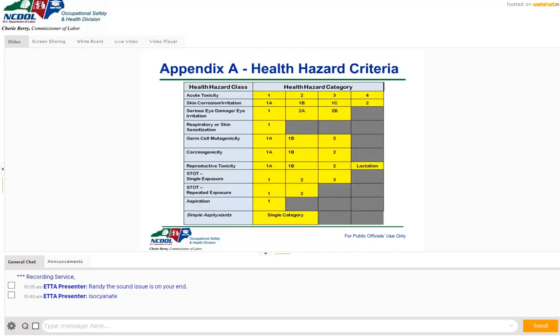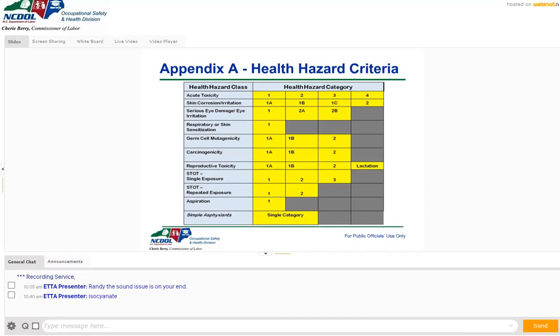Here's an example. Now with our health hazards, you see classes on the left like acute toxicity, and it's got 1 through 4. Well, if a chemical is acute toxicity 1, that stuff is deadly, and it wouldn't take much of that stuff to kill me.